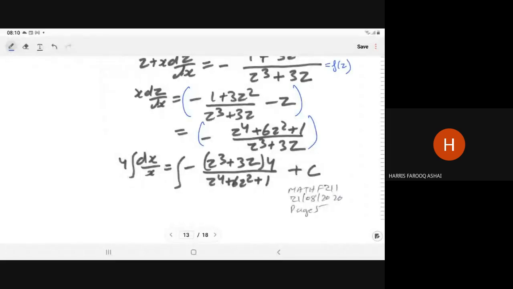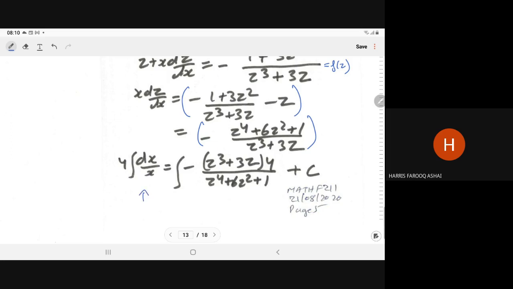So what is the benefit now? Now you can integrate, right? After separating the variables, on this side we have an explicit function of x, and on this side we have an explicit expression of z. So on both sides we have an explicit expression of a different variable, so you can integrate easily.